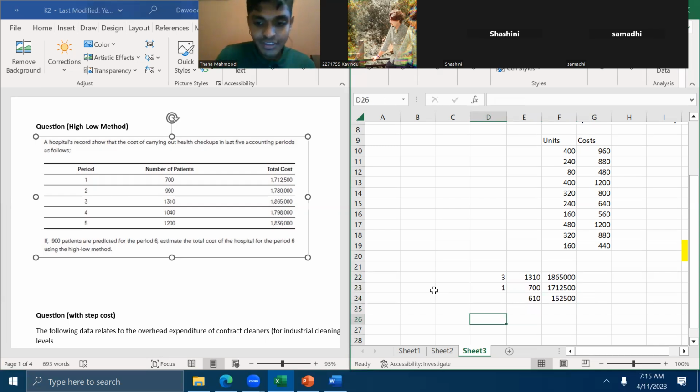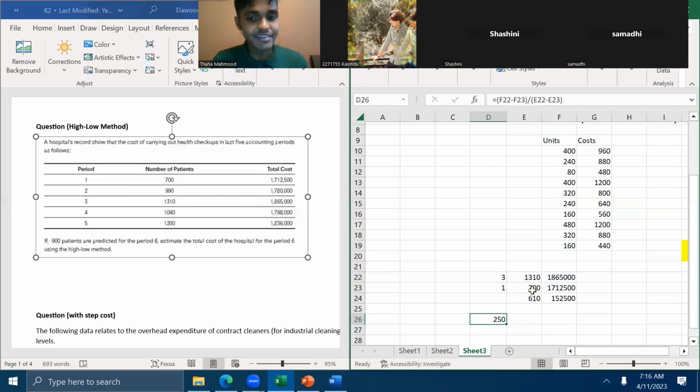So we have to apply the formula. What is it? The cost at the highest activity level minus the cost at the lowest activity level, divided by the activity level at the highest activity level minus the lowest activity level.